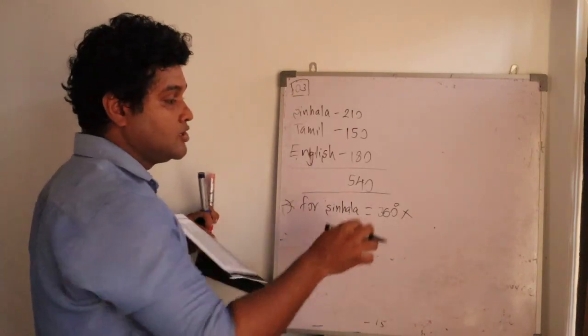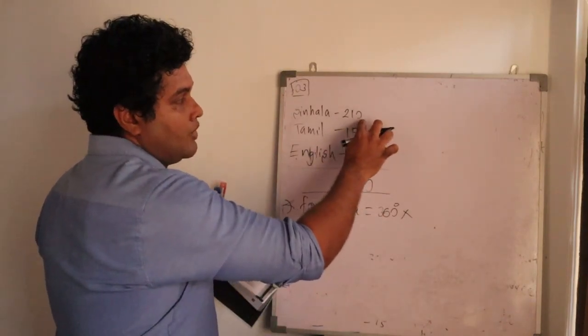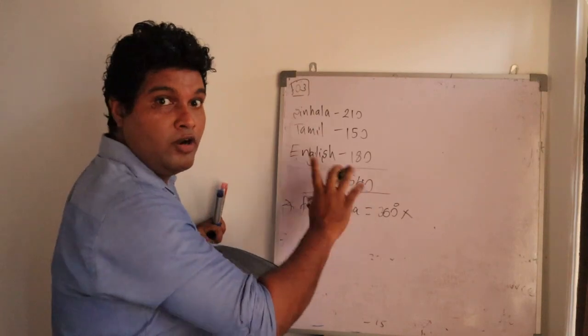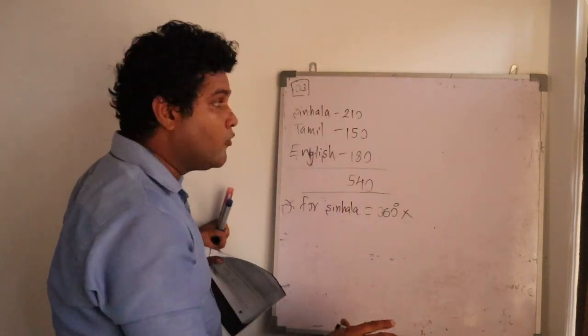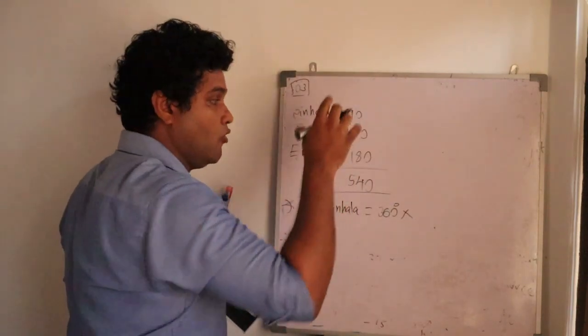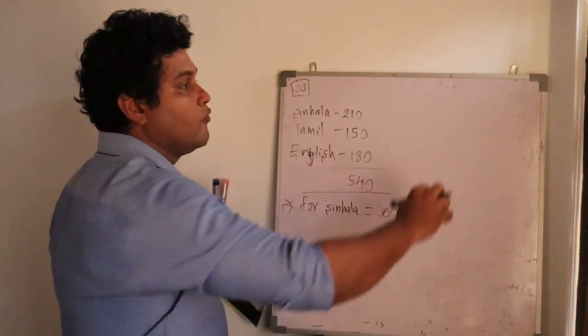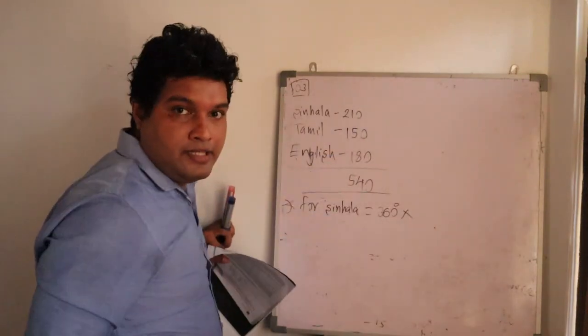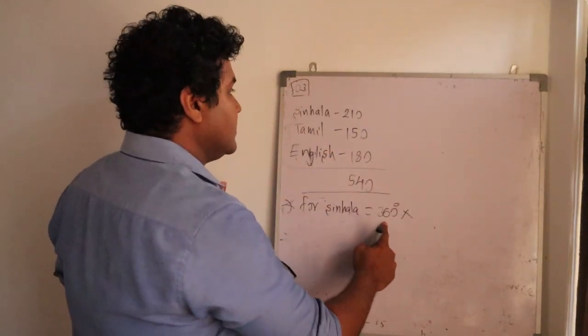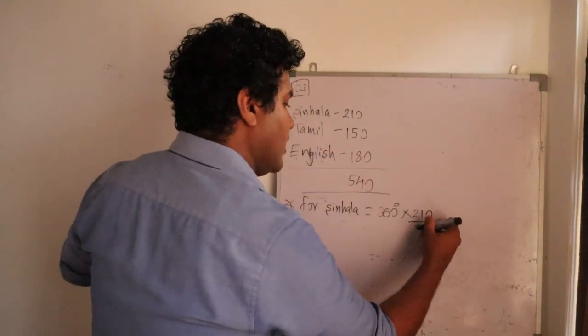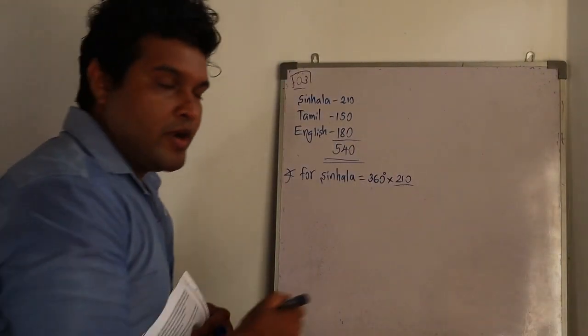What's the fraction in regards to singular? 210, the total is 540. Don't forget that. 210 over 540, Tamil 150 over 540, 180 over 540. This way we can multiply to find the angle inside the sectors. This is 210 over 540.